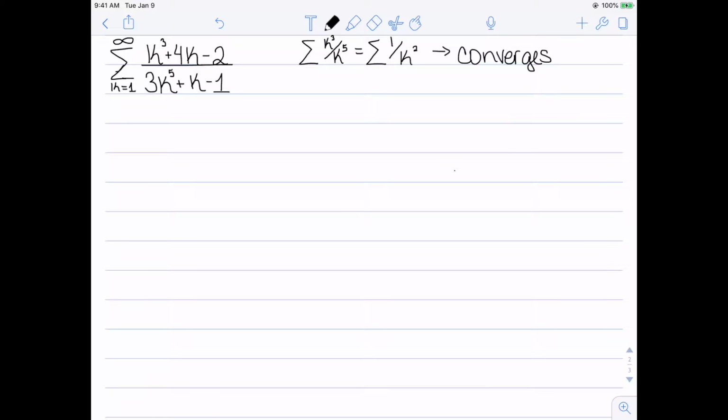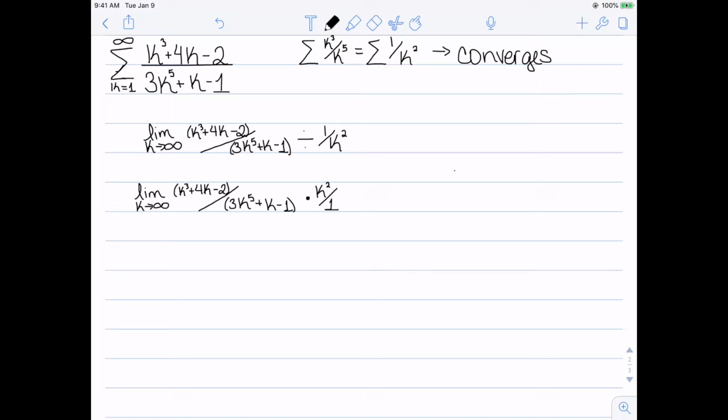So now let's look at limit comparison. We're looking at the limit as k goes to infinity of the first series that we had, the original series, divided by b sub k, divided by my comparison series. We should recall that whenever you divide by a fraction, it's the same thing as multiplying by the reciprocal.